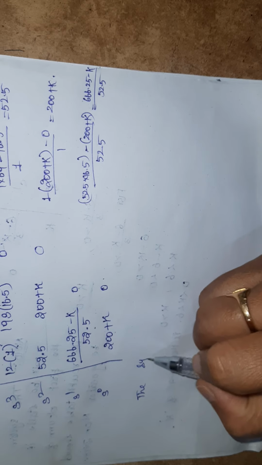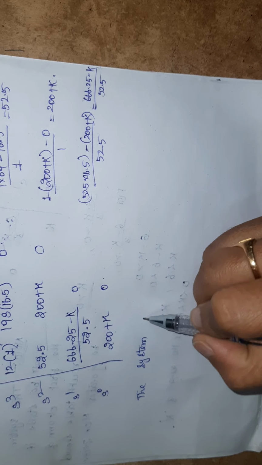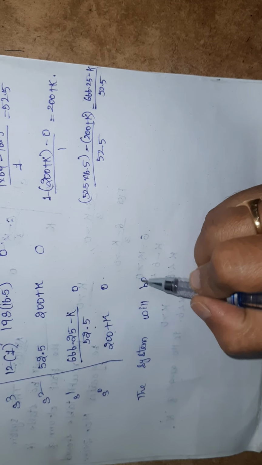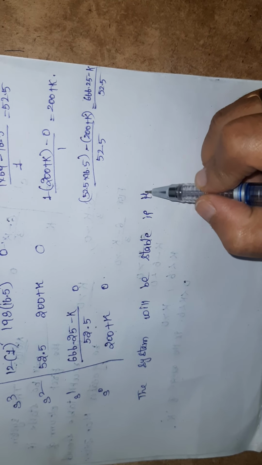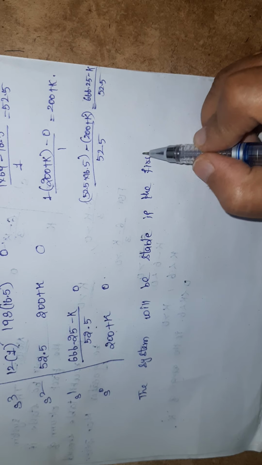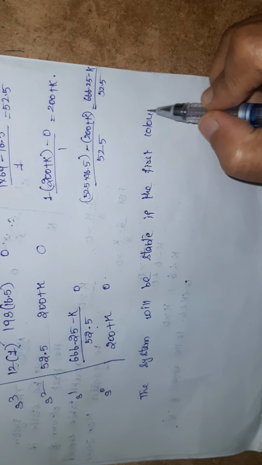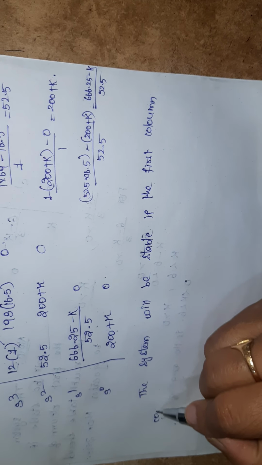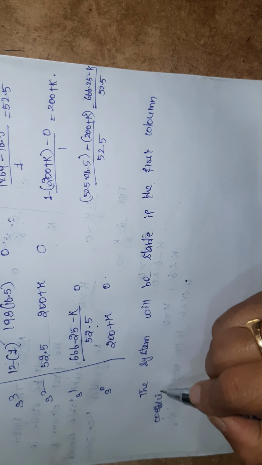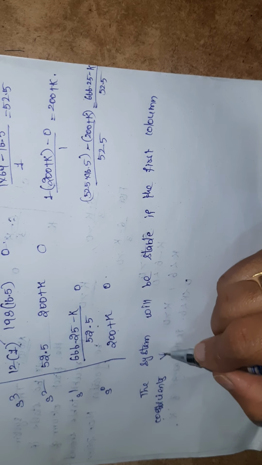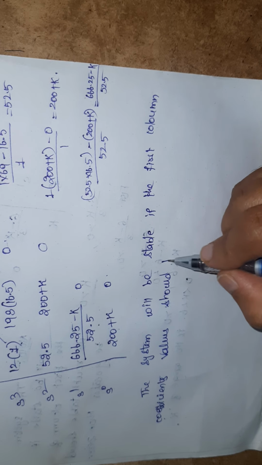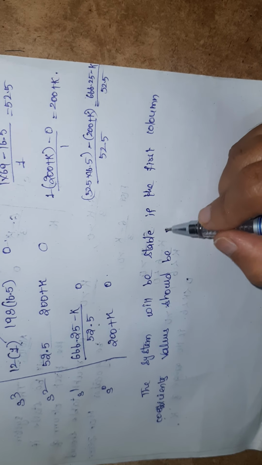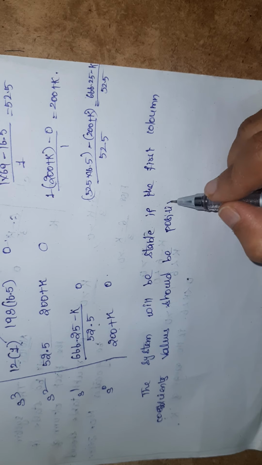The system will be stable if the first column values are positive, or greater than 0.